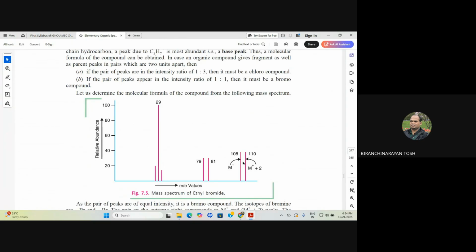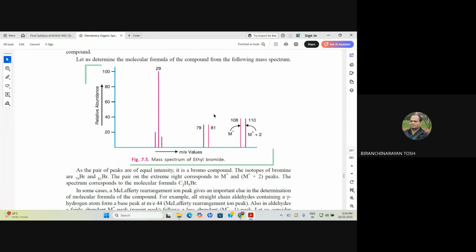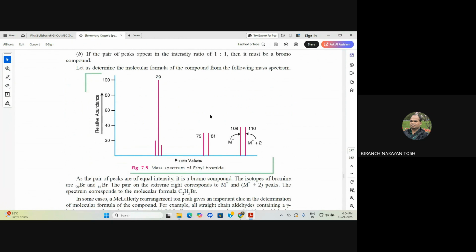So you can see here that it is 1 is to 1, so it is a bromo compound. If you want to discuss the spectra, you can see the pair of peaks of equal intensity. Which ones? 79 and 81, or 108 and 110. So that means it is a bromo compound.